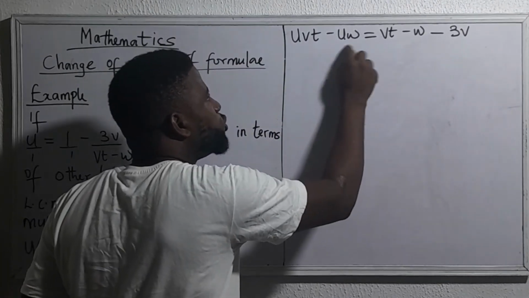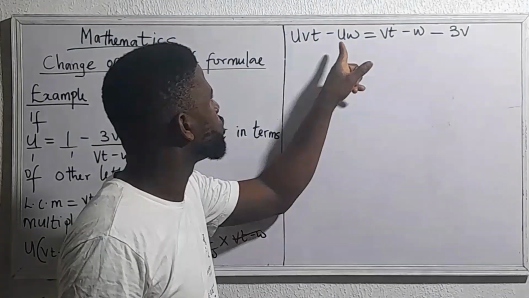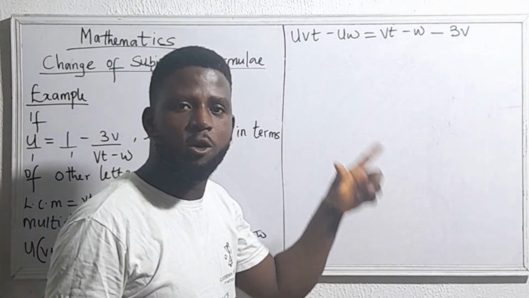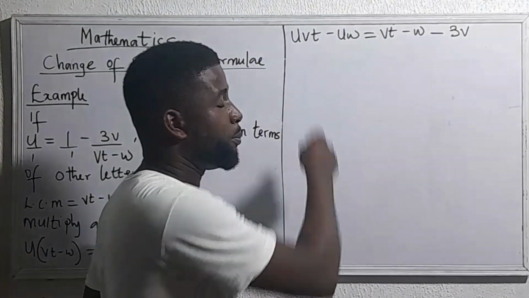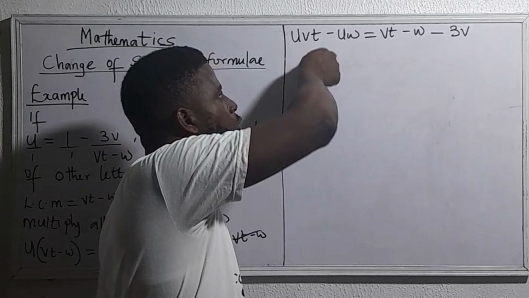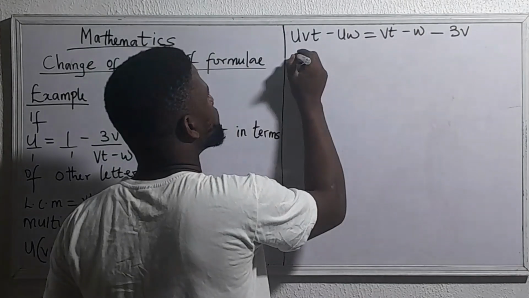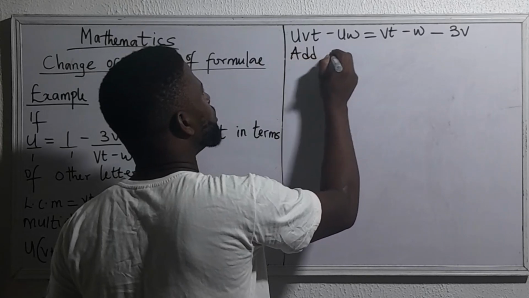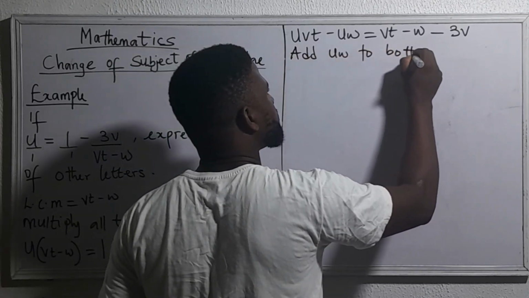To delete minus uw from the left hand side, we use the inverse of minus uw, and the inverse of minus uw is plus uw, which means we add uw to the left hand side as well as the right hand side. So we say add uw to both sides.